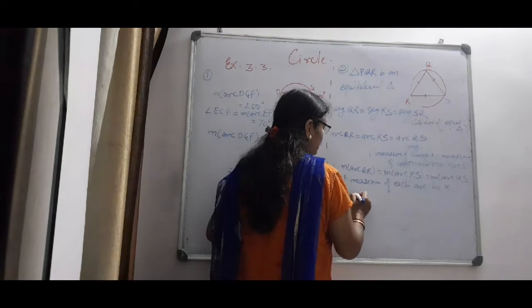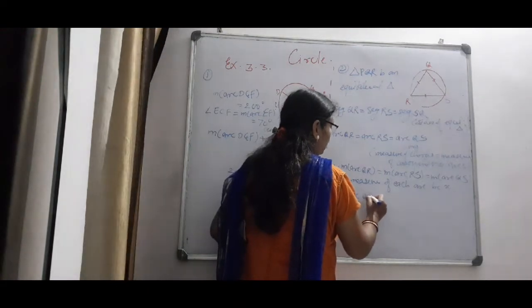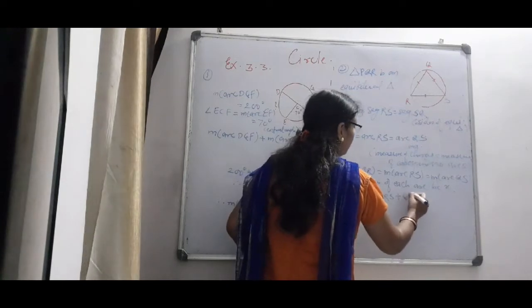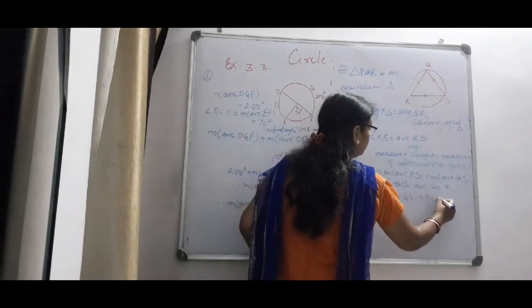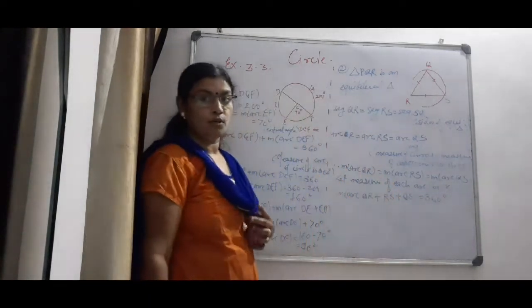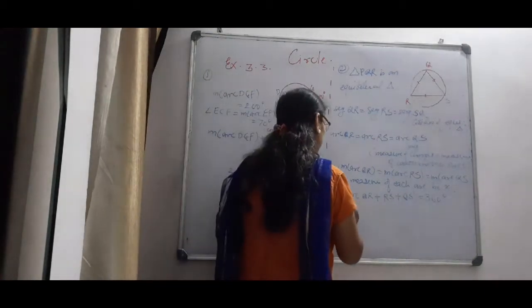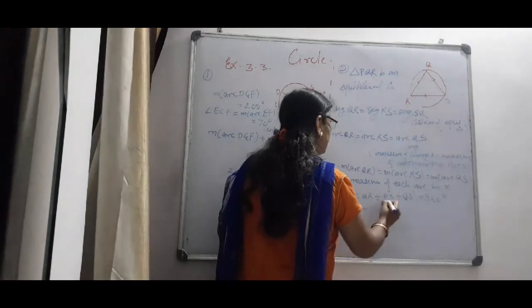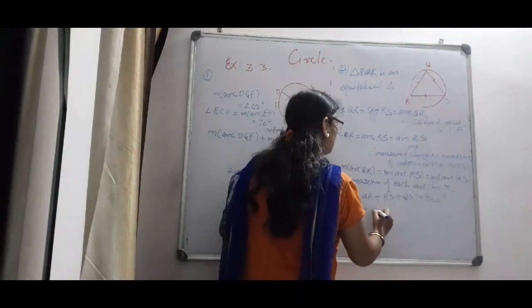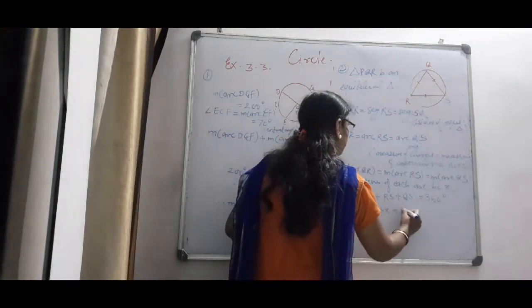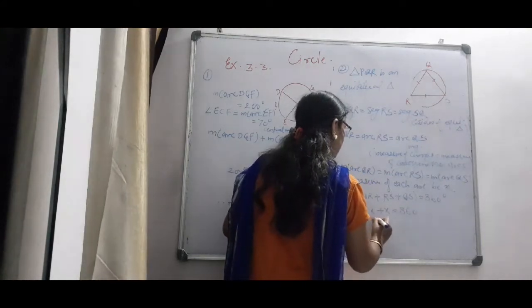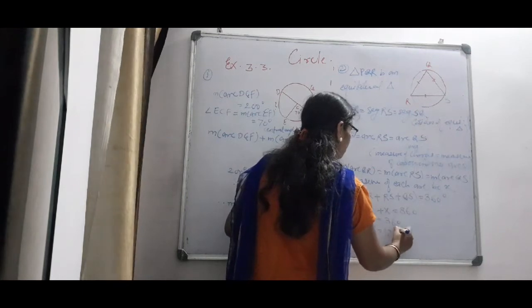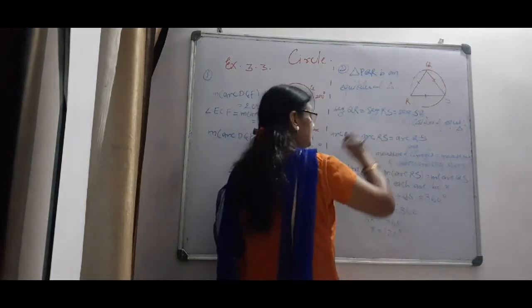So measure of arc QR plus RS plus QS is equal to 360. Now QR is x, RS is x and QS is also x. So what you get? 3x is equal to 360. x is equal to how much? 120. Means each arc is 120.